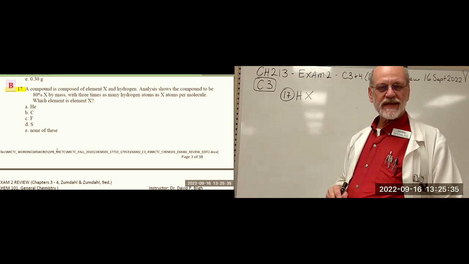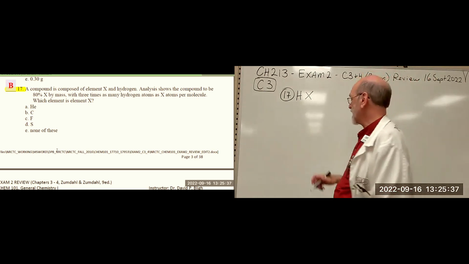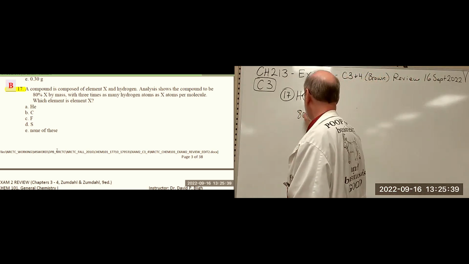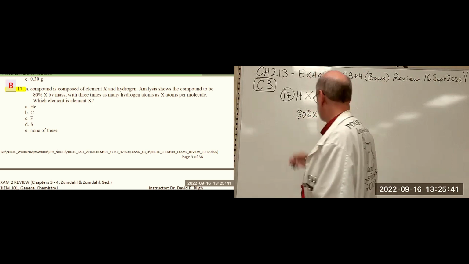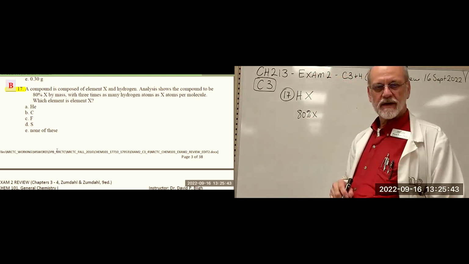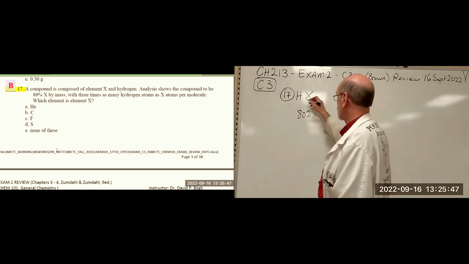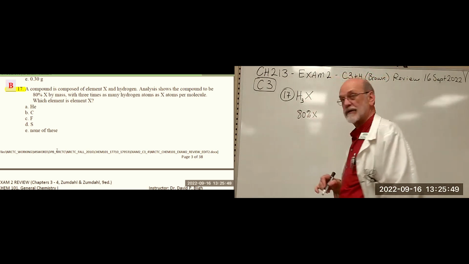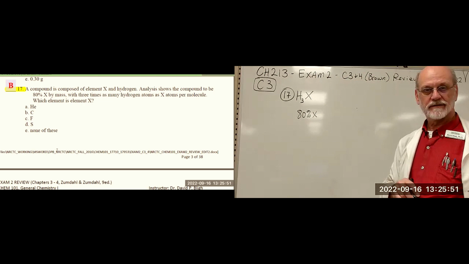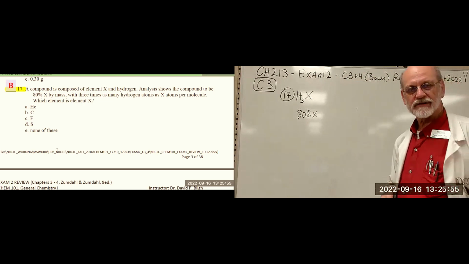Analysis shows the compound to be 80% X by mass. Okay, 80%. 3 times as many hydrogen atoms as X atoms. So there are 3 times as many hydrogen as there are X. Which element is element X?